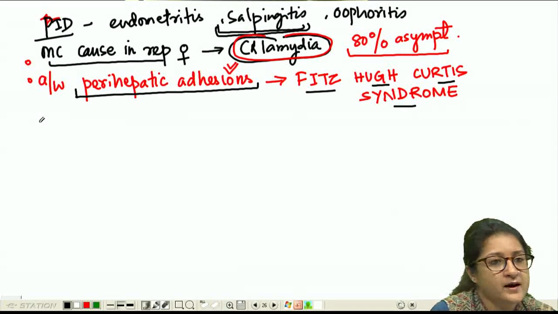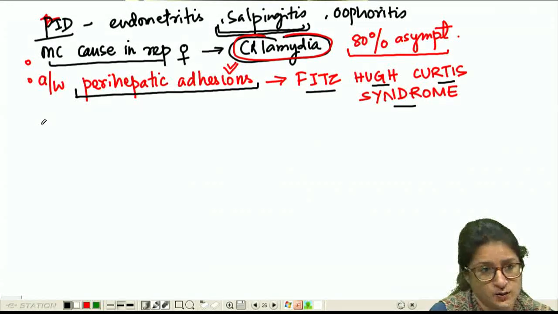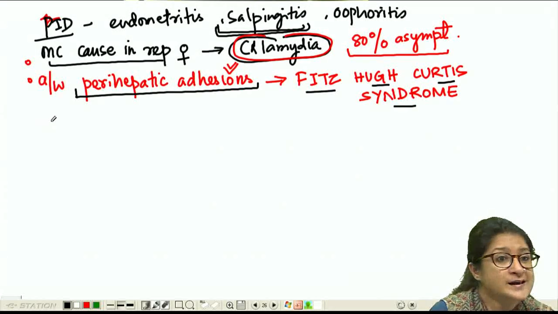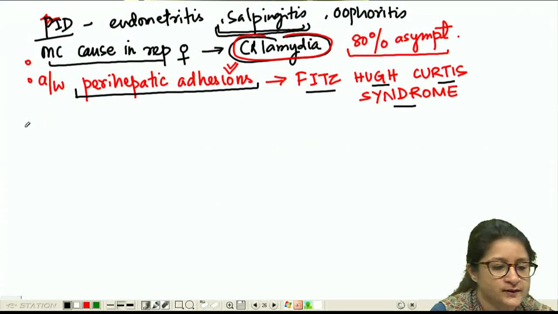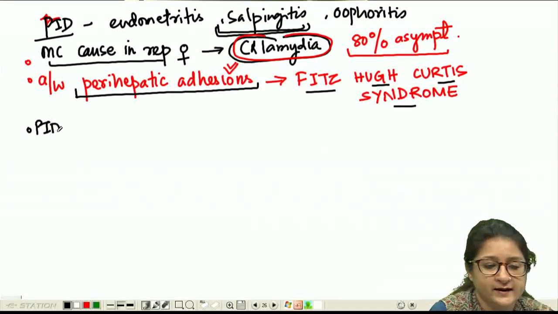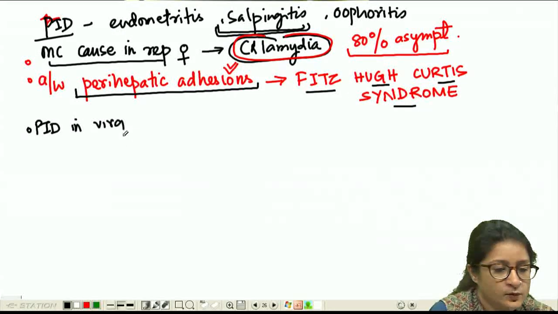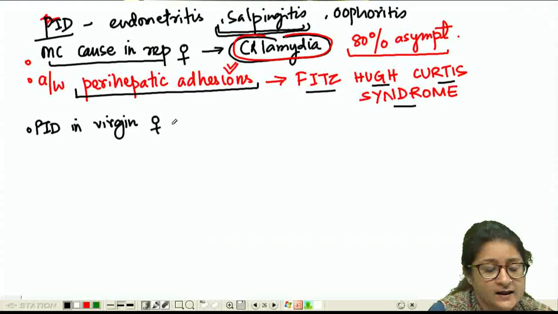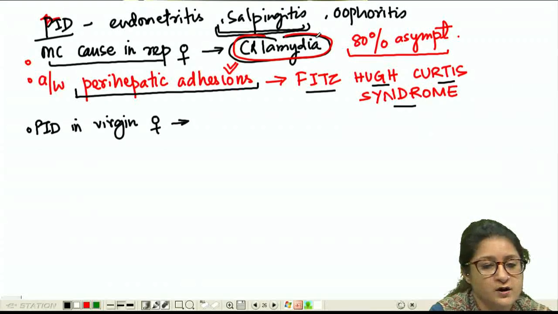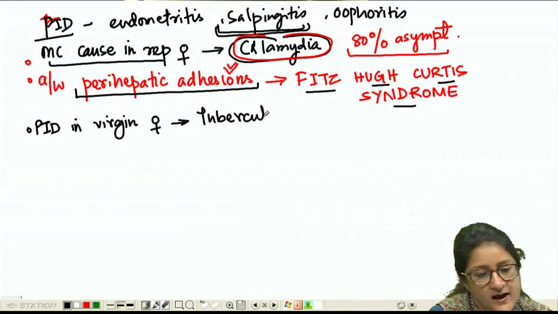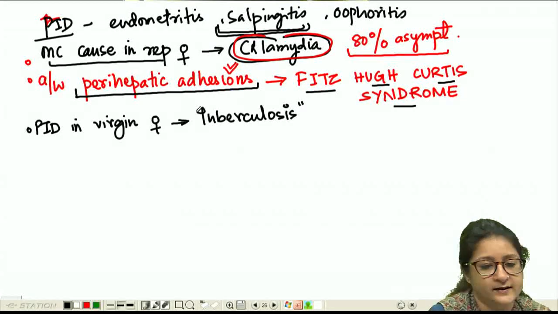Now we understand that PID will not be very common in virgin females, women who are not sexually active as of yet, right? So young adolescent girls who are not sexually active, if they have PID, then during that time we should not suspect chlamydia, we have tuberculosis as the cause of that PID.